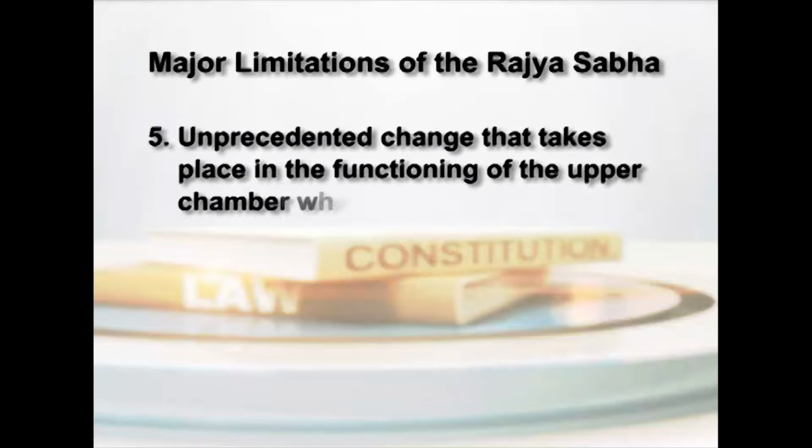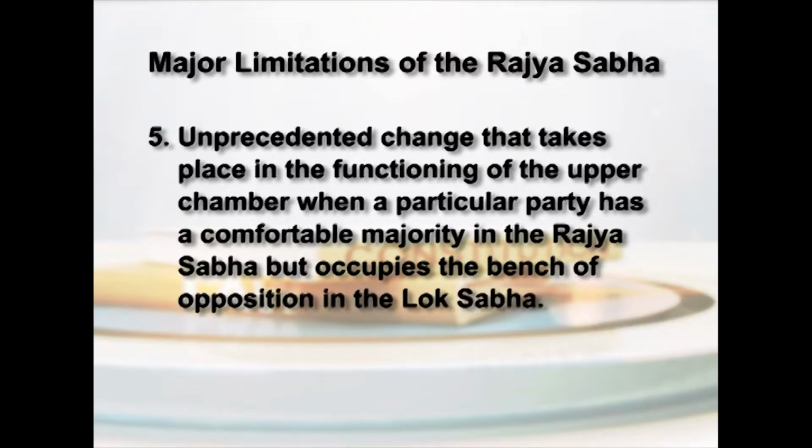Finally, what is worth mentioning is the unprecedented change that takes place in the functioning of the upper chamber when a particular party has a comfortable majority in the Rajya Sabha but occupies the opposition benches in the Lok Sabha. Such an incident occurred in the year 1977 when the Janata Party formed the union government in the Lok Sabha and the Congress had an absolute majority in the Rajya Sabha.